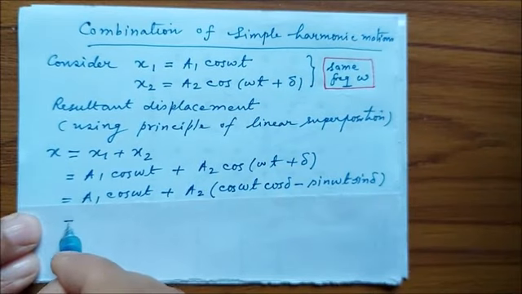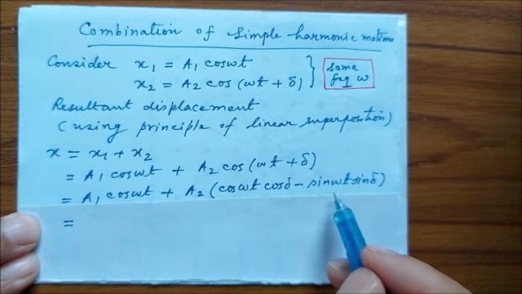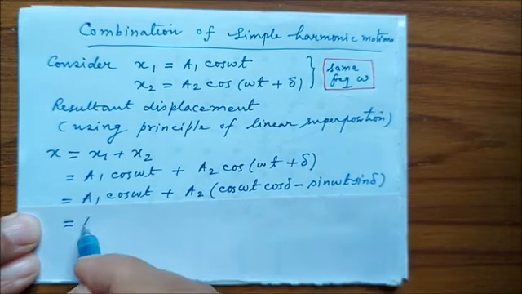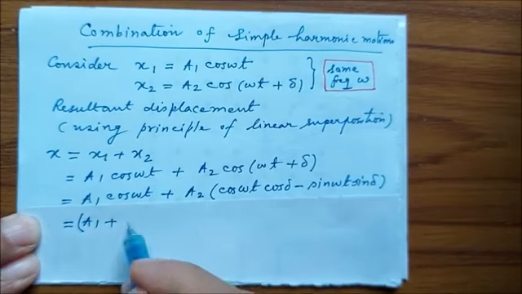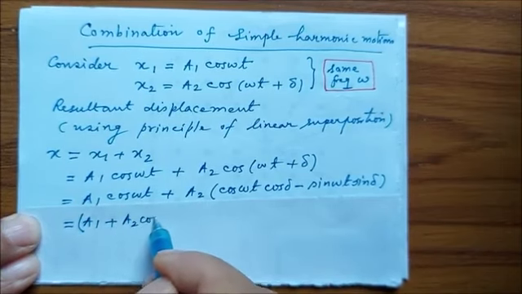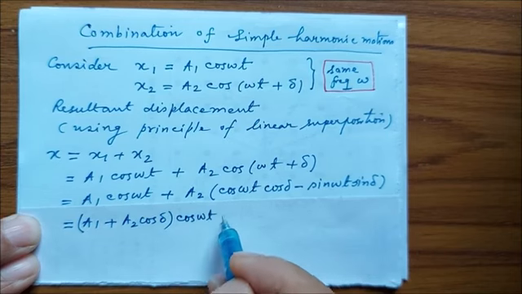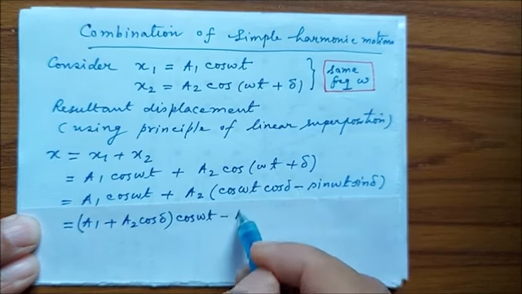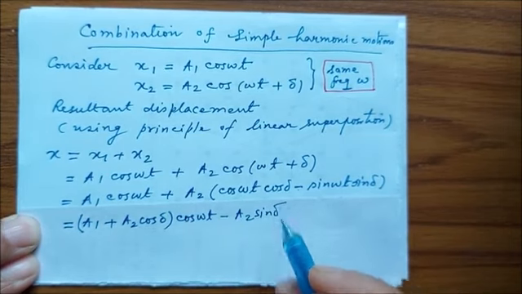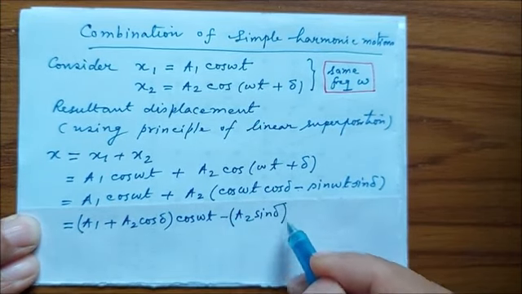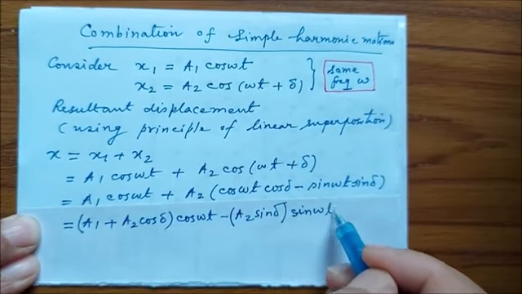So in the next step, let us take cos omega t and sin omega t common. So we have a1 plus a2 cos delta, minus a2 sin delta, and we have sin omega t.